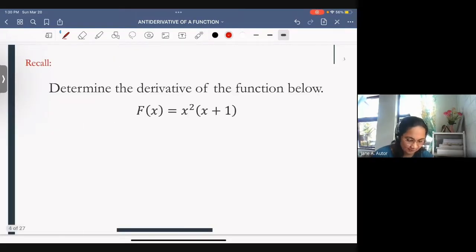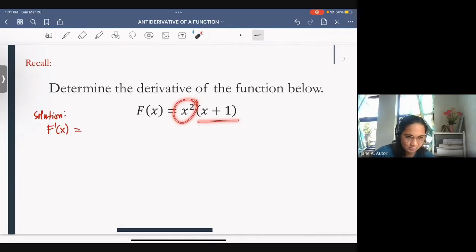For the second function, we have f of x is equal to the product of x squared and x plus 1. So for our solution for the derivative of this function, we have f prime of x equals, since this is a product of x squared and x plus 1, let's apply the product rule.